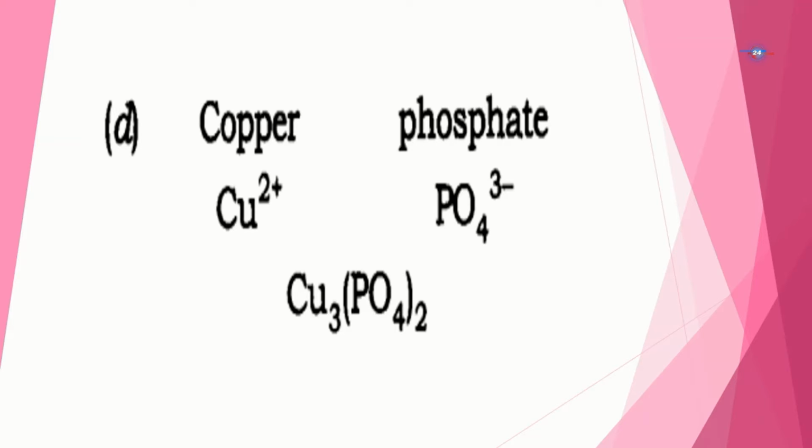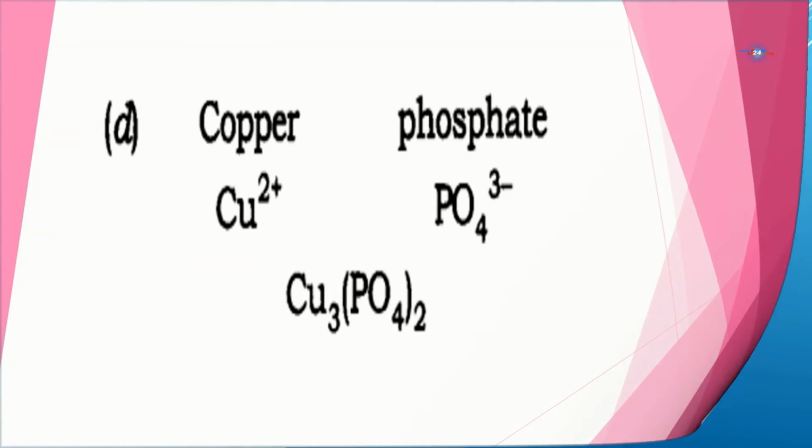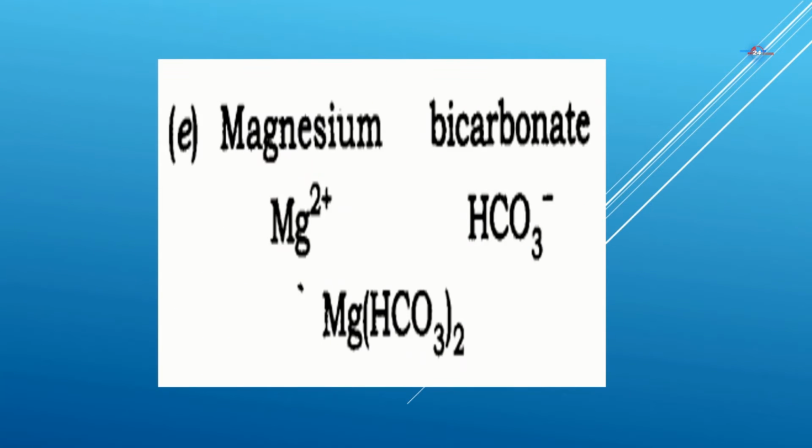Let us write the chemical formula for magnesium hydrogen carbonate. Remember, magnesium has a valency of 2 and the hydrogen carbonate radical, which is also called the bicarbonate radical, is HCO3 negative 1. The valency is 1, oxidation number minus 1.